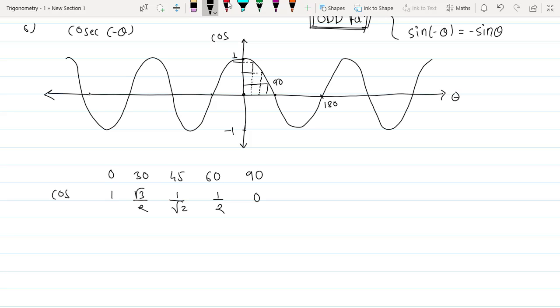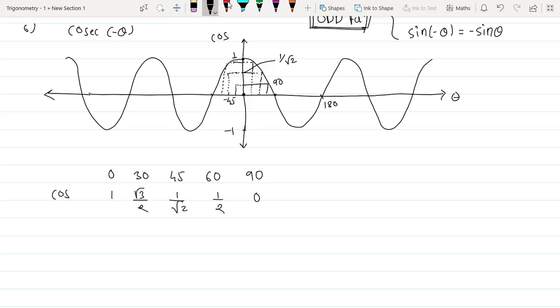Now tell me, for 45 degrees how much value? It is still positive, 1/√2. This is -45. What will the value be at -30? √3/2. It is going to be √3/2 only, still positive.